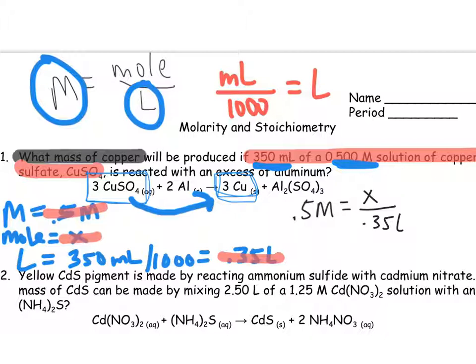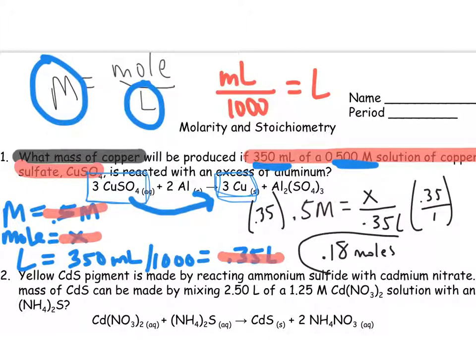And to solve for X, I'm going to multiply both sides by 0.35. So 0.5 times 0.35 over here. So my X is going to end up equaling, I think it comes out to be about 0.18 moles, if I do that math. That's what that equals.